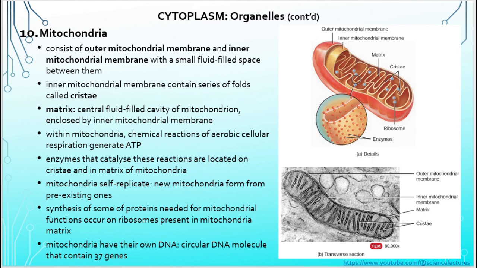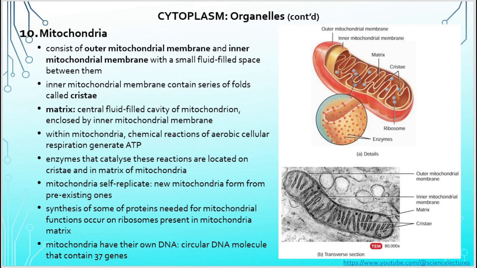The central fluid cavity of a mitochondrion, enclosed by the inner mitochondrial membrane, is the mitochondrial matrix. The elaborate folds of the cristae provide an enormous surface area for the chemical reactions that are part of the aerobic phase of cellular respiration. These are the reactions that actually produce most of the cell's ATP. The enzymes that catalyze these reactions are located on the cristae and in the matrix of the mitochondria.